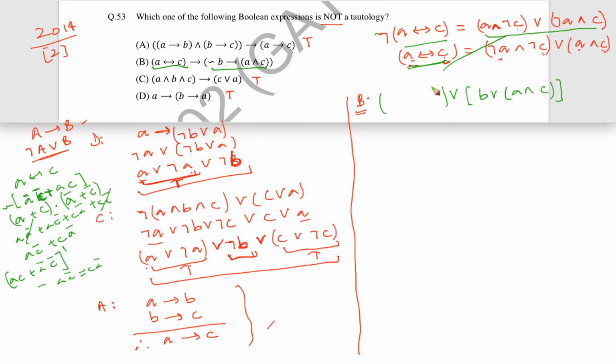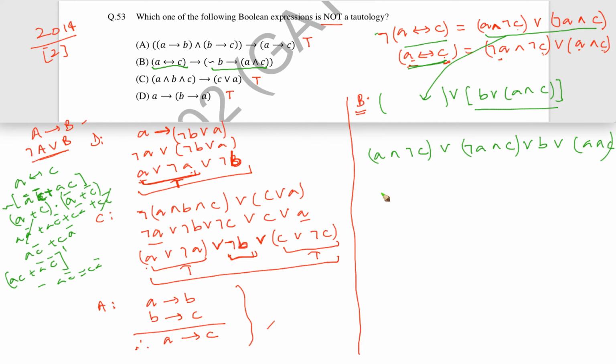So this entire thing will come here. Overall, it is going to be A and not C, or not A and C, or, and then from here we write everything, B or A and C.